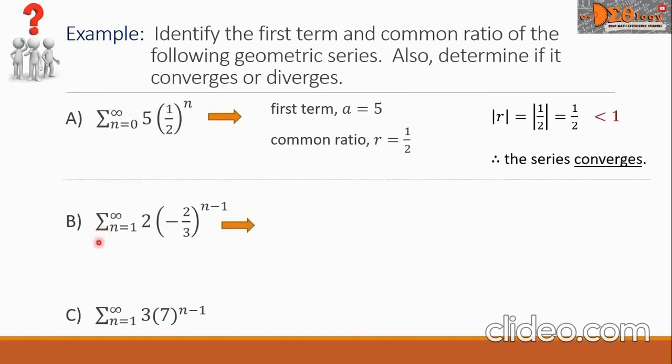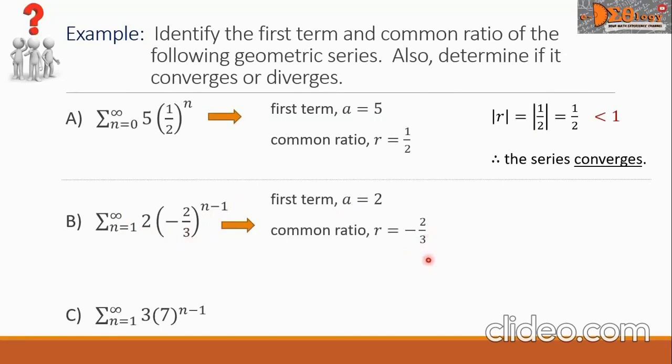Problem B, summation from n equals 1 up to infinity of 2 multiplied by the quantity negative 2/3, raised to n minus 1. The first term A is equal to 2, and the common ratio R is equal to negative 2/3.